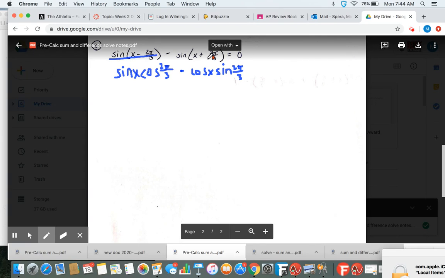Okay. Now I'm going to do the second, but be careful when you're subtracting. All right. So I would put minus, use the parenthesis, and now expand this second term, right?